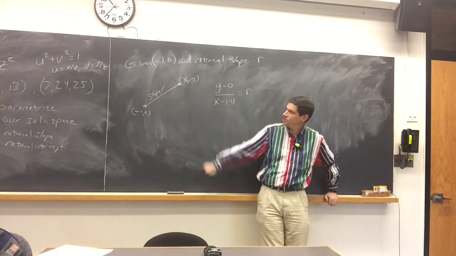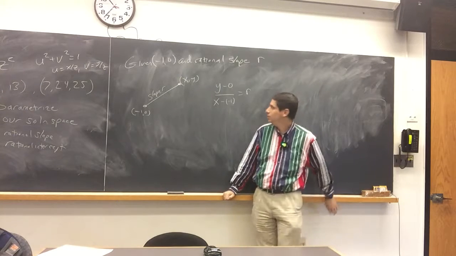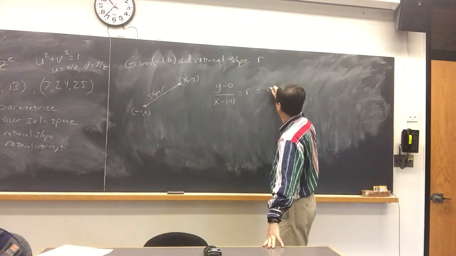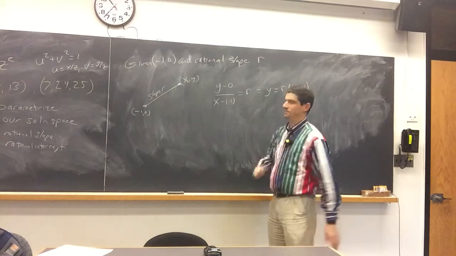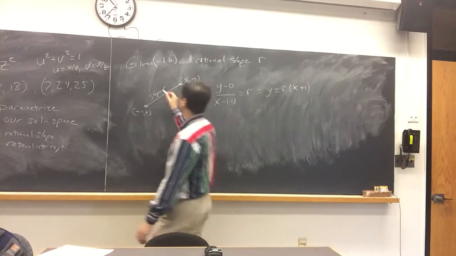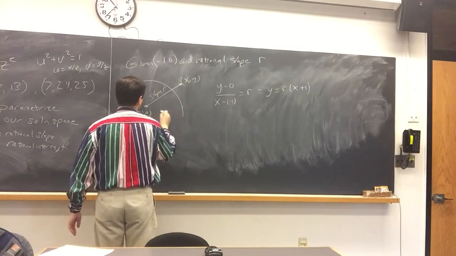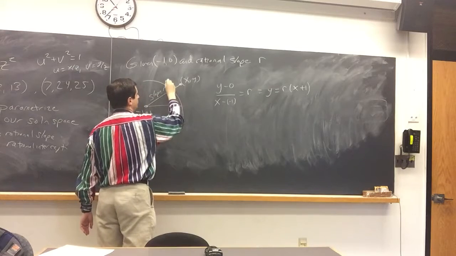Because if xy is on the line, it's got to give us the slope of R from the point. So then this just becomes y equals R(x plus 1). So this line is going to hit the circle of radius 1 at some point uv.